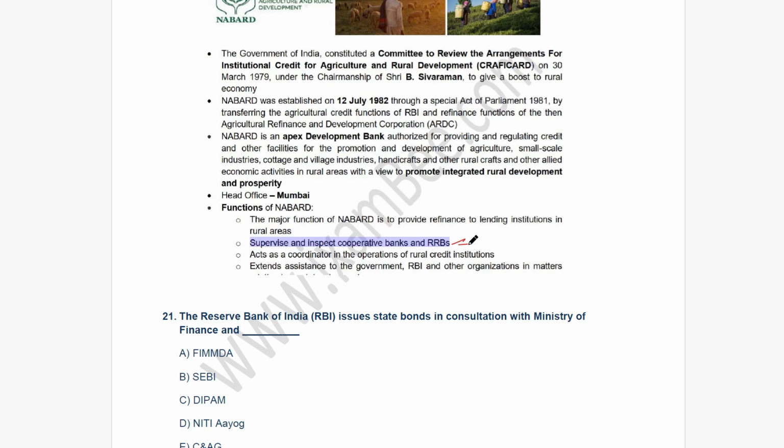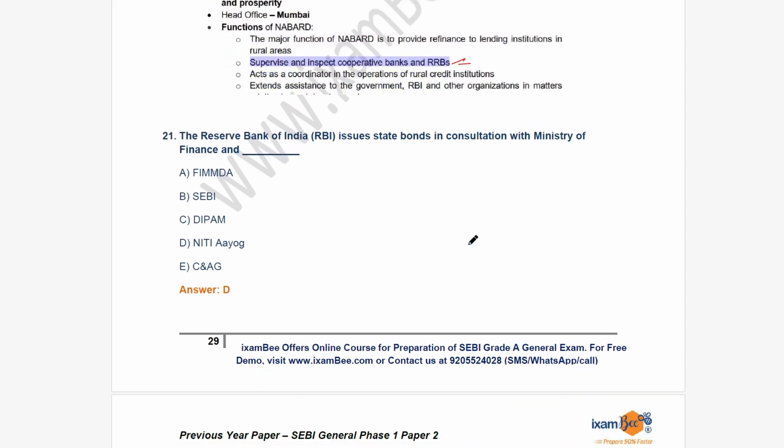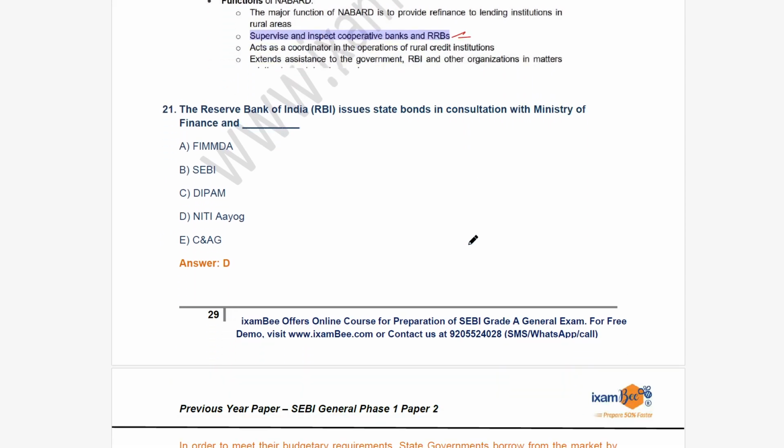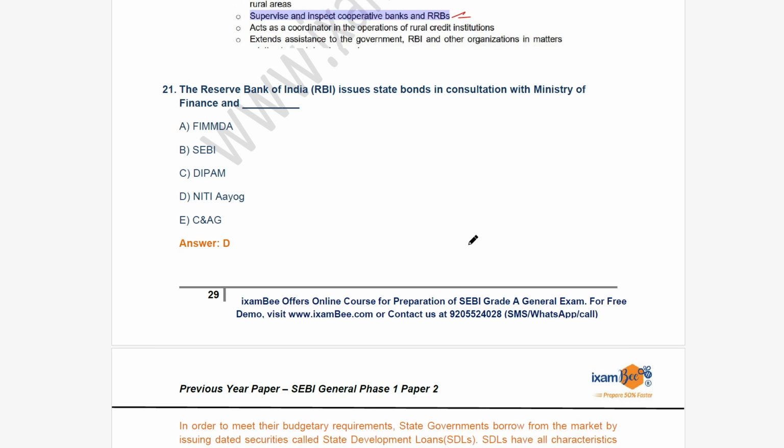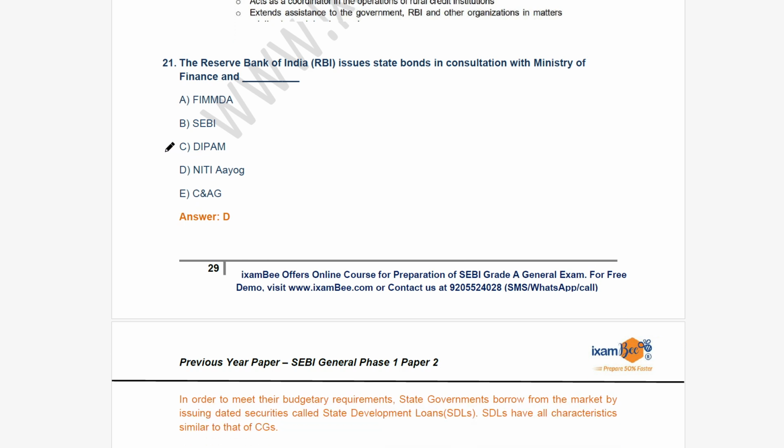The Reserve Bank of India issues state bonds in consultation with the Ministry of Finance and... okay, here some students were getting confused between DIPAM and Niti Aayog. Actually, the Ministry of Finance, and the initial discussion of this, related to it coming from the Planning Commission, okay?